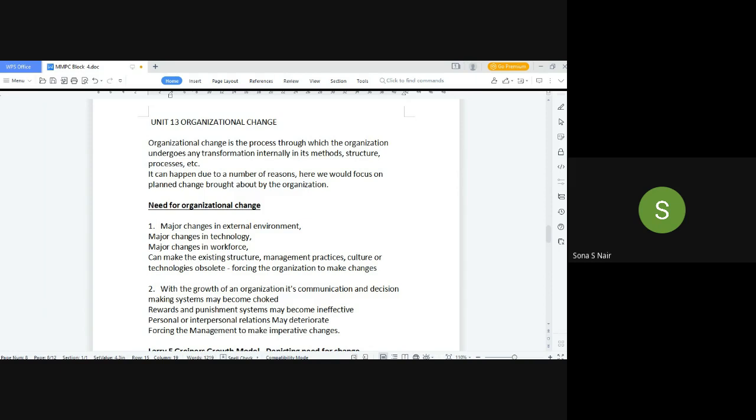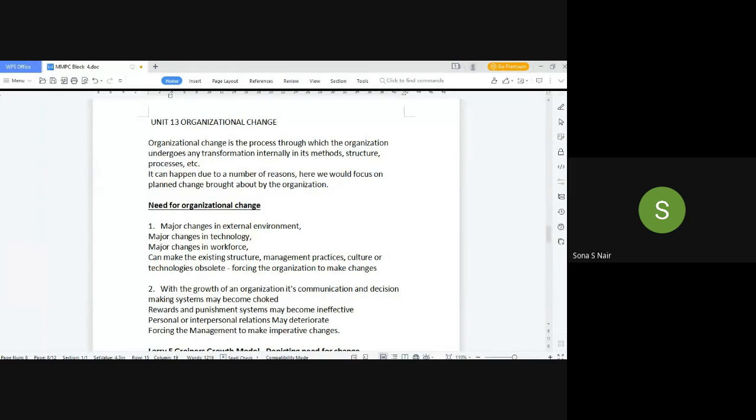But since they are not isolated, they are in an environment which is very dynamic and fast changing, and there are a lot of opportunities and threats in the environment. The organization will have to make changes from time to time, right?